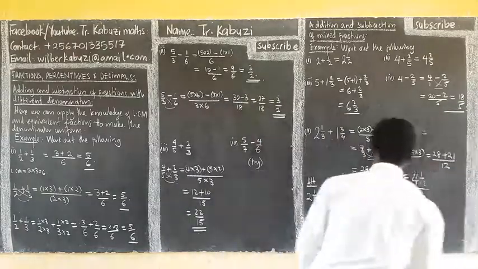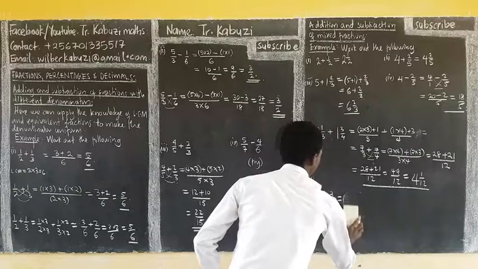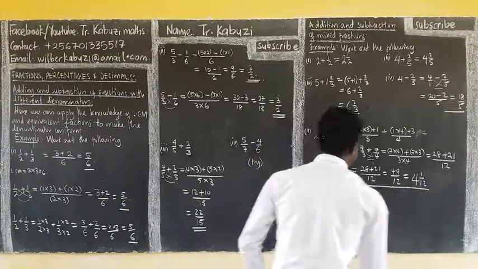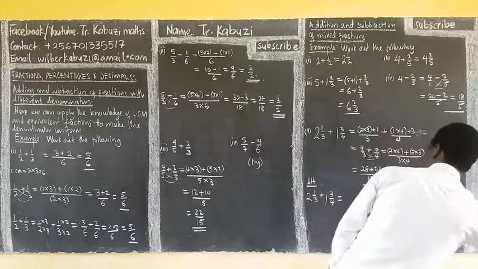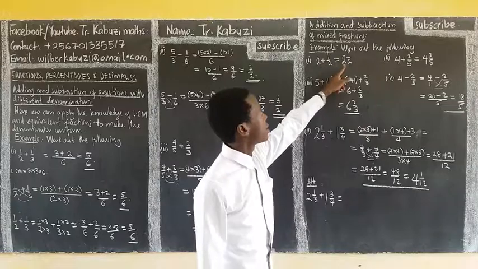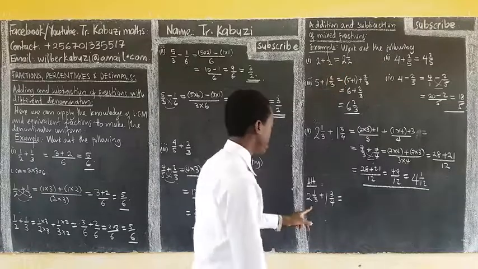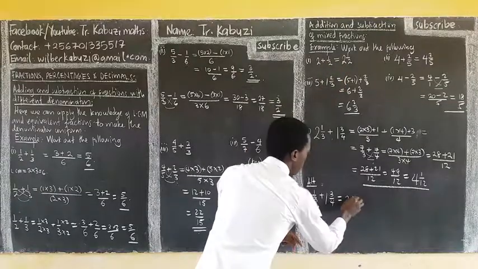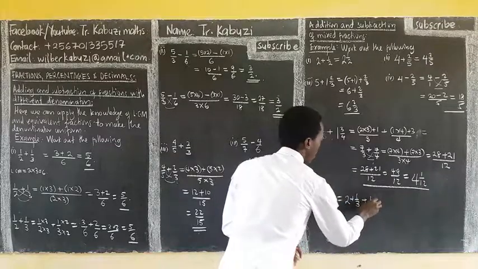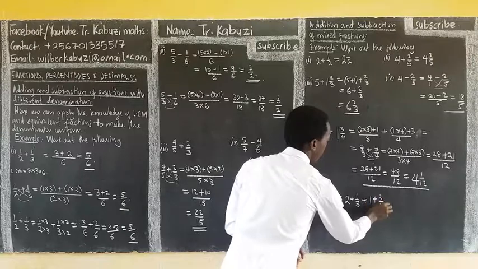Let me not skip steps. Let me show you how it's coming about. We say this is the same as this, right? You can separate. So this is the same as 2 plus 1 over 3, then plus 1 plus 3 over 4.